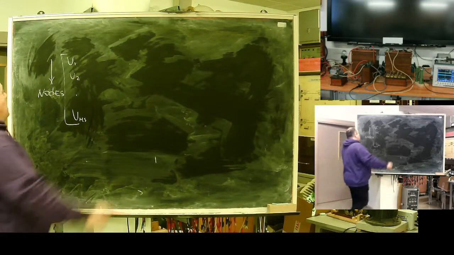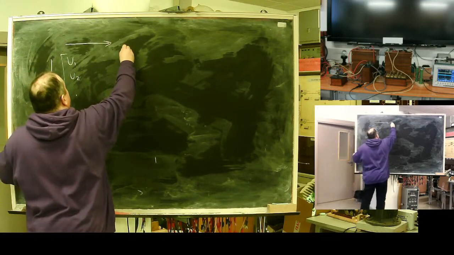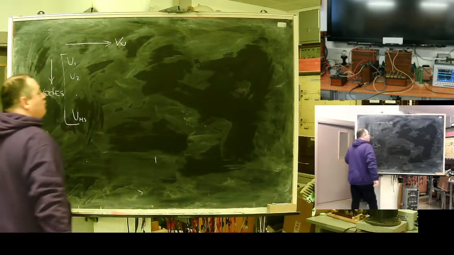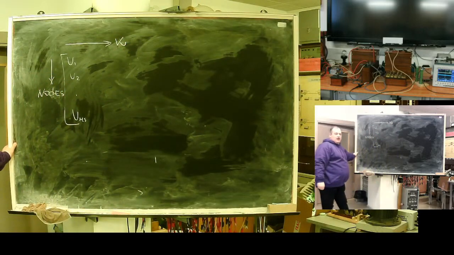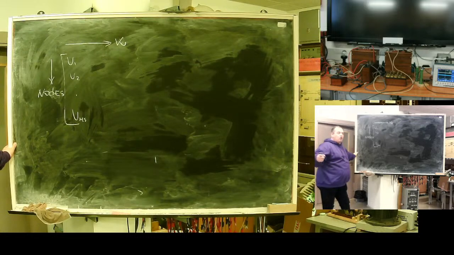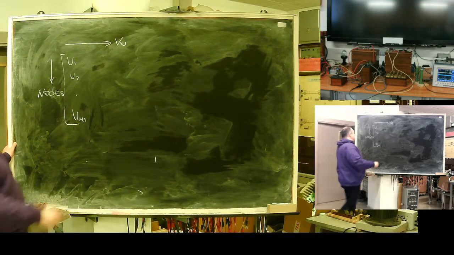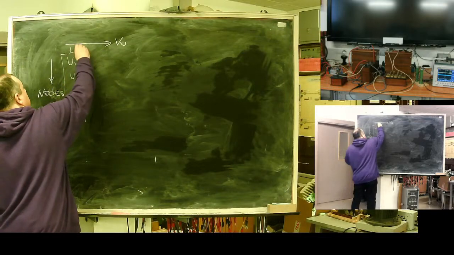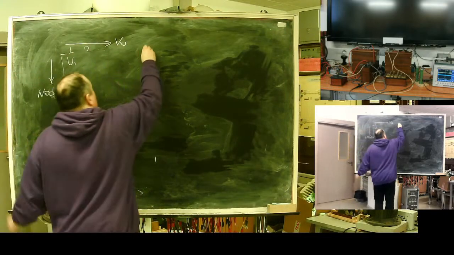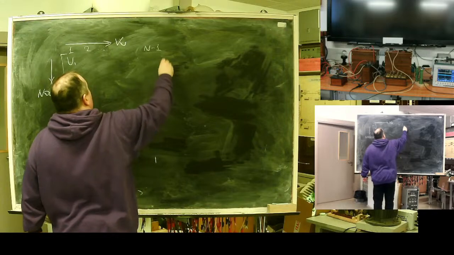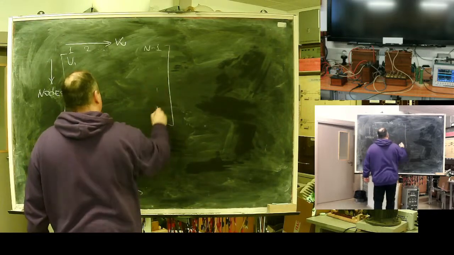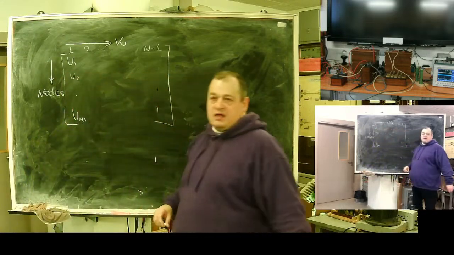And here will be the number of harmonic, or actually a multiplier of base frequency: 1, 2, up to n-1. It's a kind of matrix.